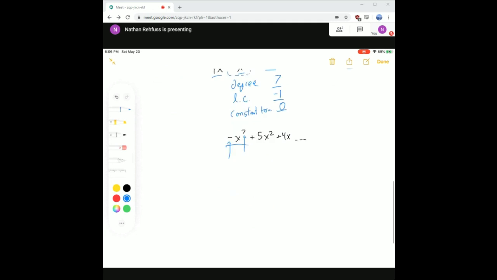All right. Let's talk about adding and subtracting polynomials together. The key here is just like with roots, we want to combine like terms.